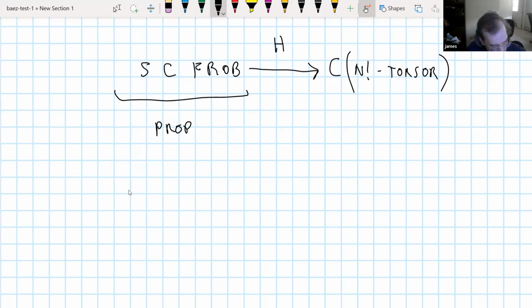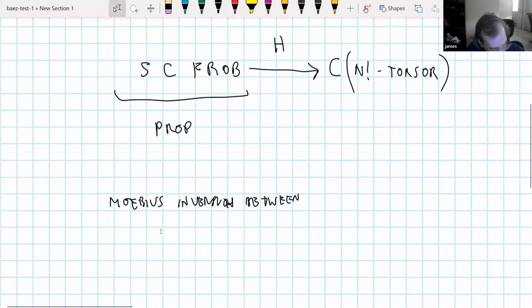So the idea is that there's sort of Möbius inversion between two bases for the special commutative Frobenius prop. And so one of the bases is, what do we call it? I guess we call it the Frobenius basis, I guess.